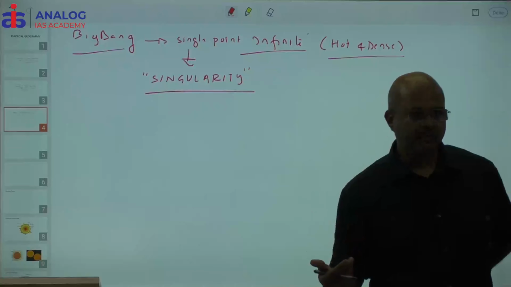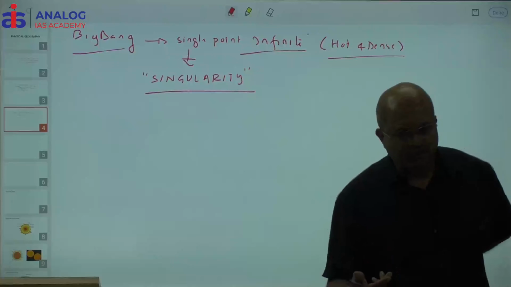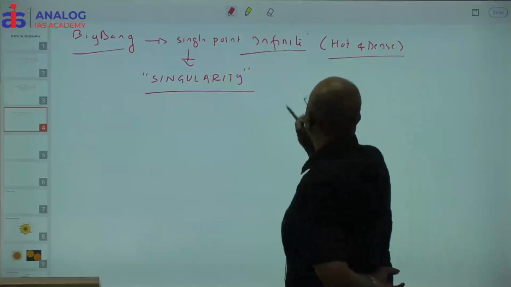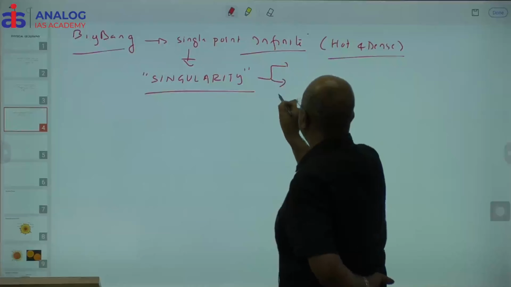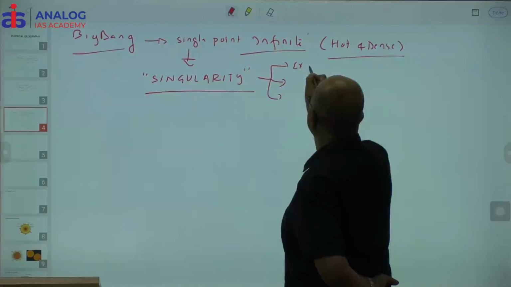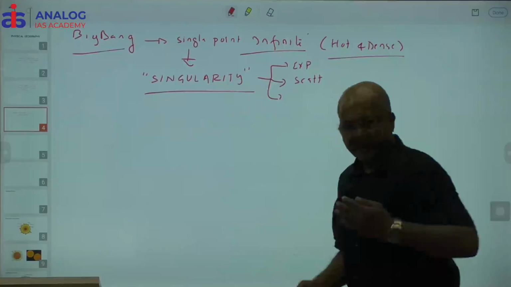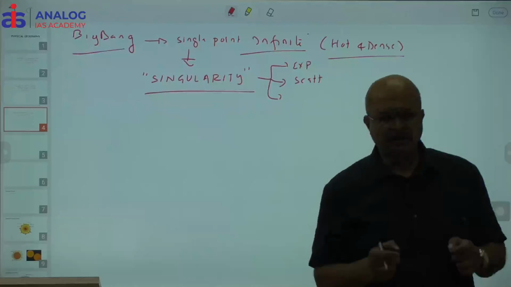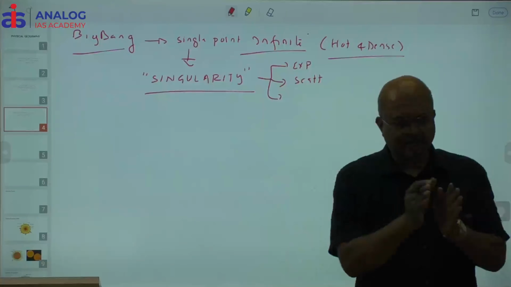This is the theory which talks about formation. The Big Bang theory tries to explain the formation. So it says that the singularity, a single point with infinite heat and density, underwent expansion. It underwent scattering, expansion, scattering, and this expansion and scattering took a fraction of a second, less than one second.